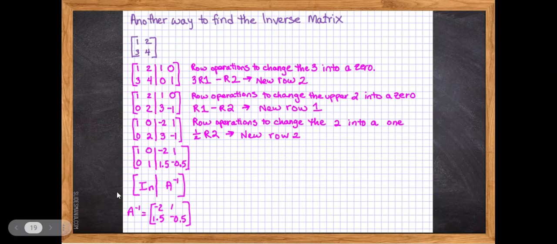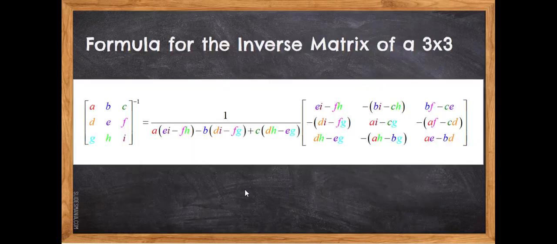So this is the identity matrix. This is A inverse. We get that same result, which we've already checked to make sure that when multiplying our original by this inverse matrix, the result comes out to our identity matrix.